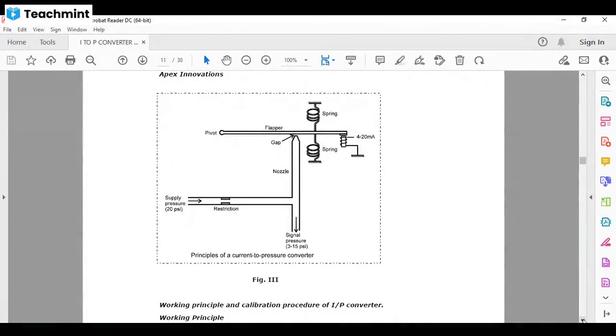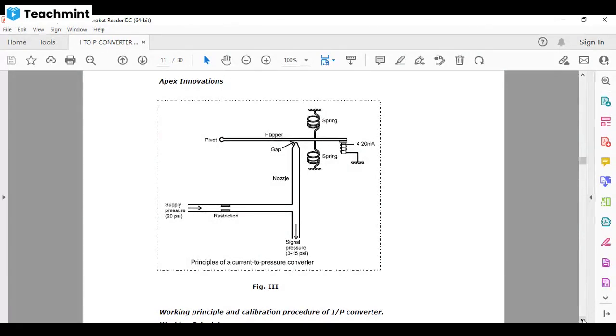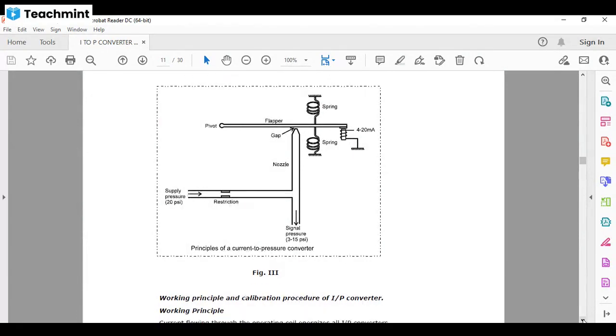And this is our current to pressure converter, a flapper nozzle type instrument. And this is the working principle and calibration procedure of the I to P converter. The diagram is the same, and this is connected through a spring, and our current is a 4 to 20 milliampere supply.